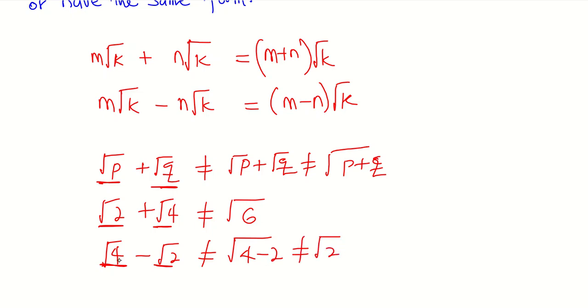No, because the root components are not the same, you cannot continue with the operation sign. So this is the basic idea like we said earlier. Now let's try one or two examples governing the addition and subtraction of surds.